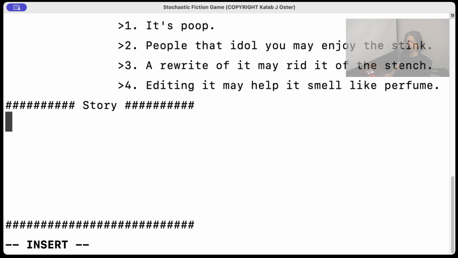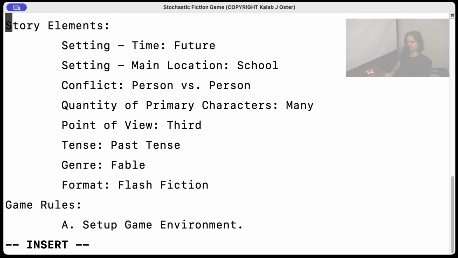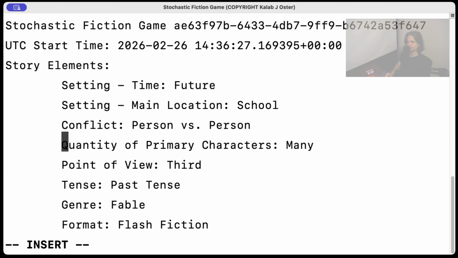The mouse outside, what's the person versus person? So two mice. The main location, school.